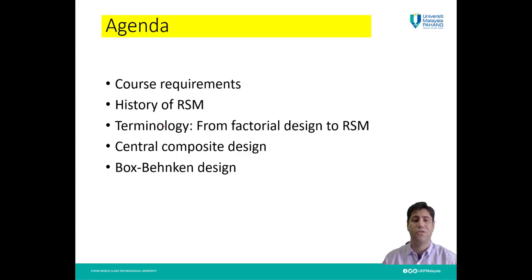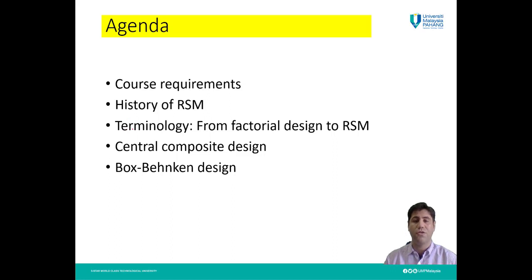First, I will introduce the course requirements for this CLO: what you need to have, what you need to learn. I will start with the history of RSM. I will tell you more about the origin of RSM and the areas of application for this method of optimization.